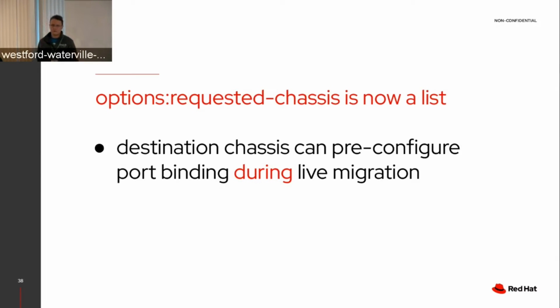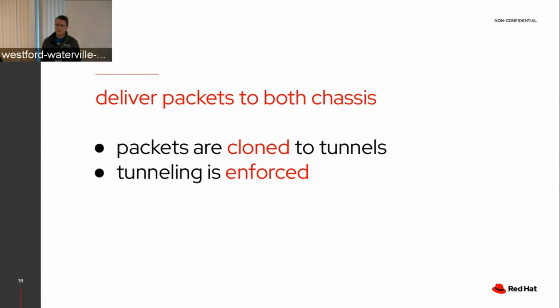So we expanded the syntax of the chassis option in this request to allow passing a list of chassis names. In this way, we can keep the port binding active, actively serving packets coming to the VM while it's running on the source, while already doing the configuration of the port on the destination.